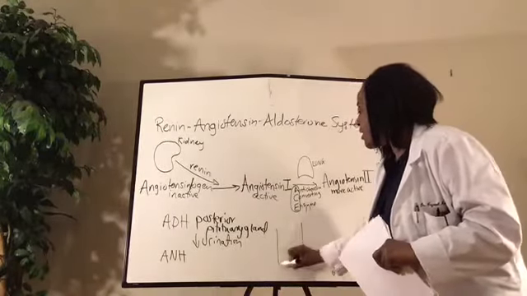I do want you to also know that the way that we actually can draw a nephron so that you can understand the mechanism of the kidney. I'm going to just put it here so that you can see how the kidney even knows to release renin because of this low blood pressure.